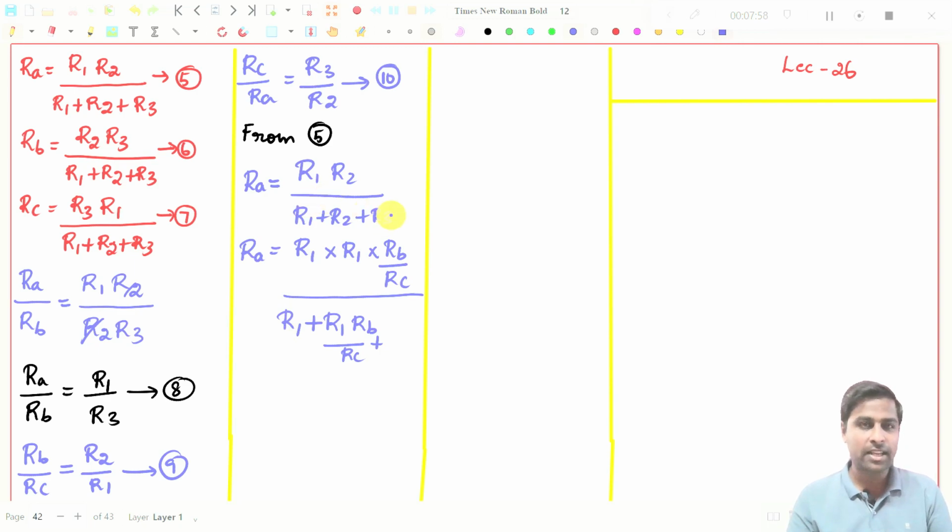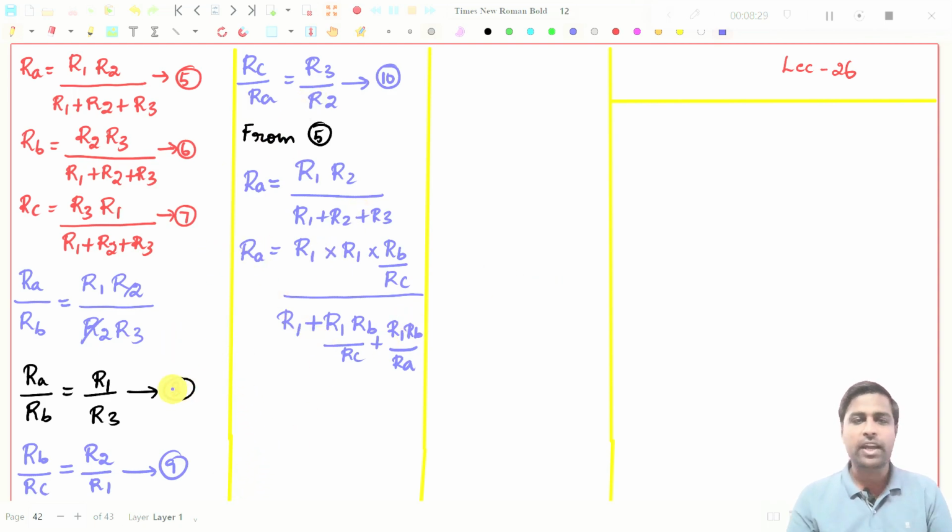Instead of R3, you bring this R3 to the other side, and if you bring this RA by RB to this side, R3 will be equal to R1 into RB by RA. So R1 into RB by RA, right? This I have substituted from expression 8 and 9 into the RA expression.